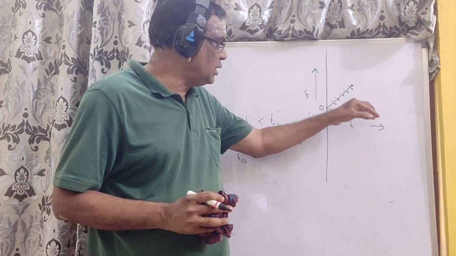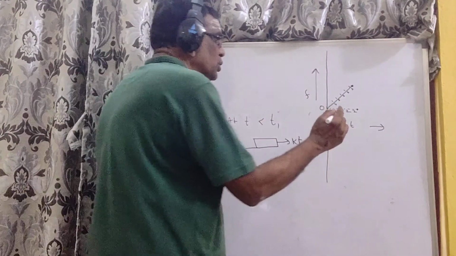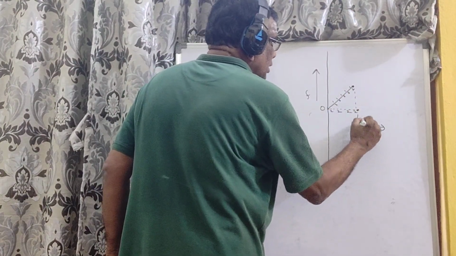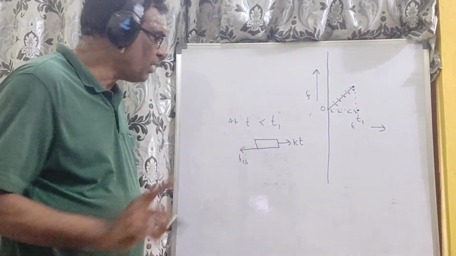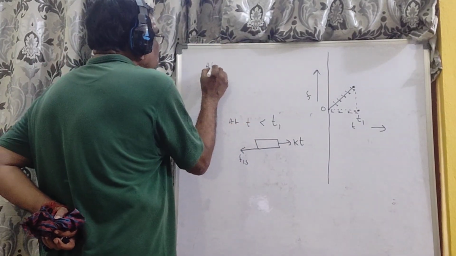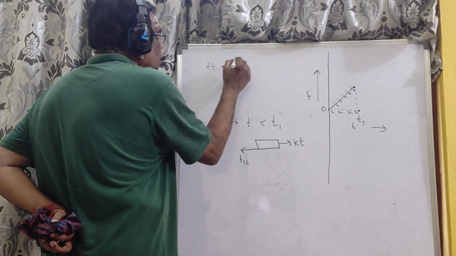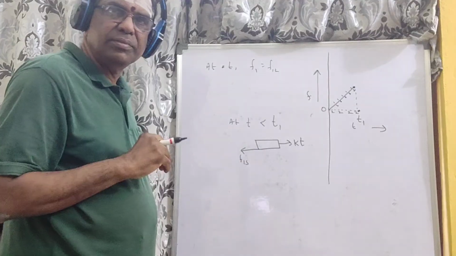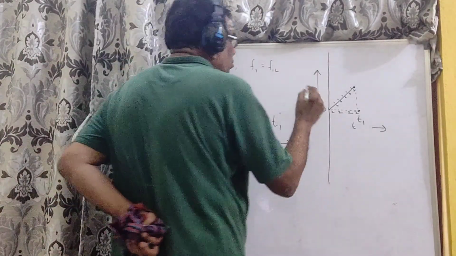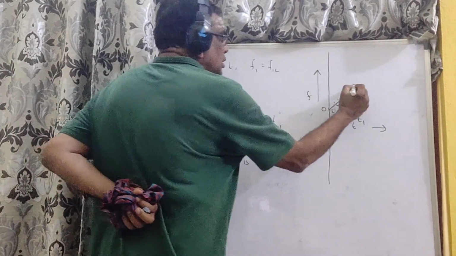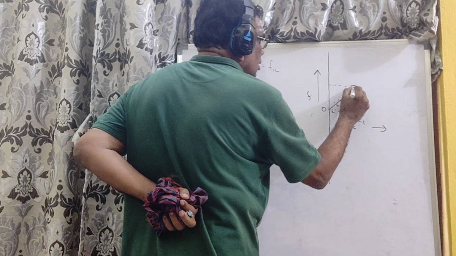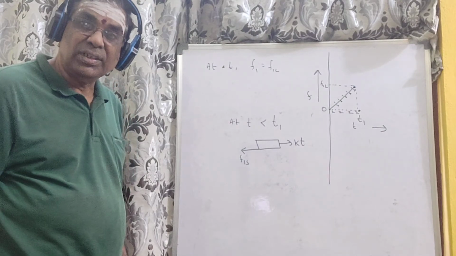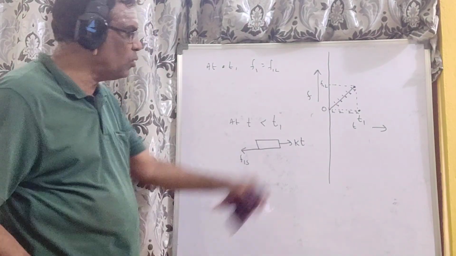There is no friction. Friction is 0 on the second body. Supposing this is T1. At T1, F1 is F1L. Okay? So, this is your limiting friction. First, lower body and the ground I am plotting.